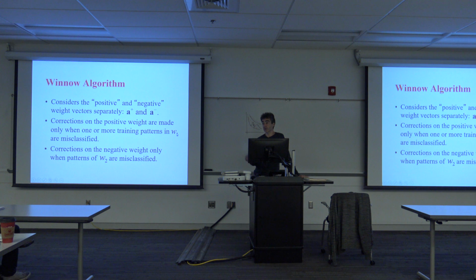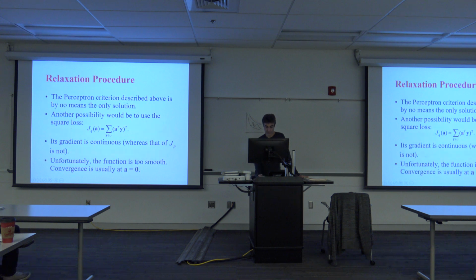Remember, W1 corresponds to class 1. And corrections on the negative weights, which are on the negative side of the hyperplane, right, when I do A transpose X and I'm on the negative side, those are only going to be changed when samples from W2 are misclassified.